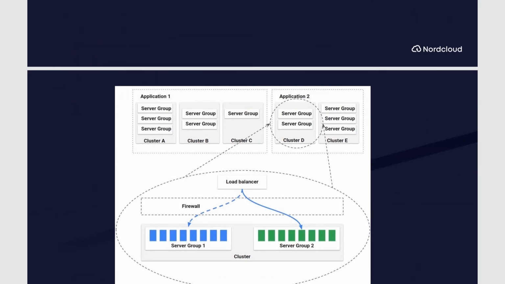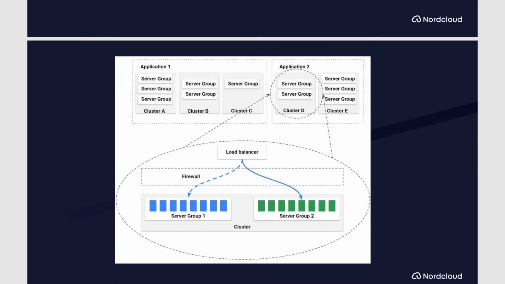So here is a high-level picture of the terms. Here we can see two different applications, and when we look at application number 2, we see 2 server groups inside one cluster, the cluster D. When we look at the server groups closer, we can see that inside the AWS account, there's normally the ELB or ALB, and the firewall is normally just a security group or several security groups.